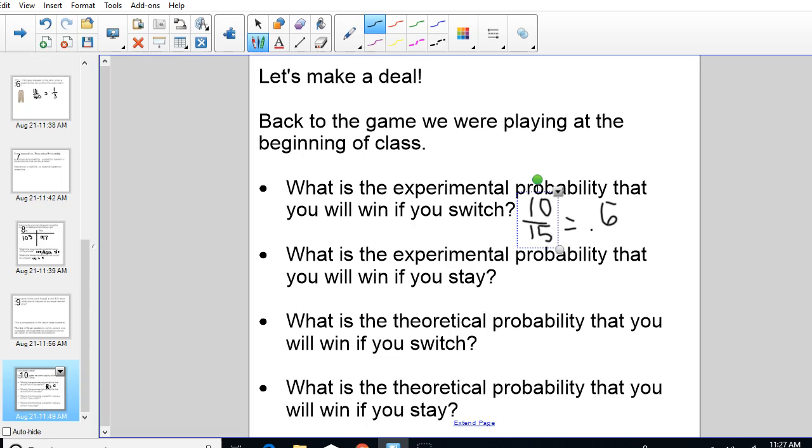That's our experimental probability. Okay? Experimental probability that we win if we stay was 7 out of 15, which was 0.47. It's probably actually 0.46 repeating, but we'll just go ahead and round it there.